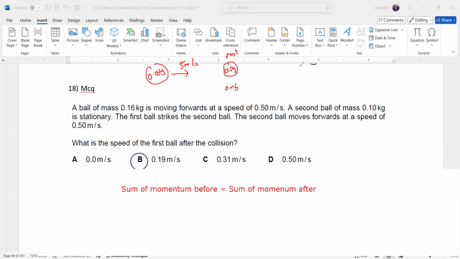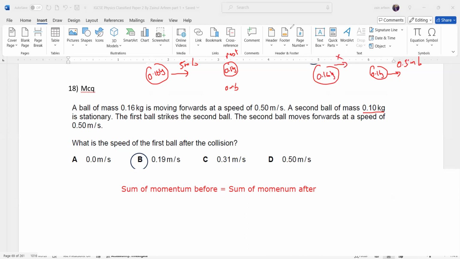The first ball strikes the second ball and the second ball moves forward at a speed of 0.5 meters per second. We need the speed of the first ball, which has a mass of 0.16 kg.